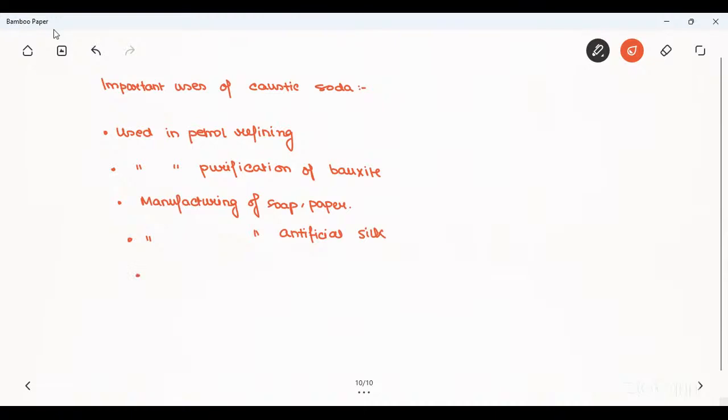Also used in manufacture of so many things, chemically used in textile industries for mercerization of cotton fabrics.